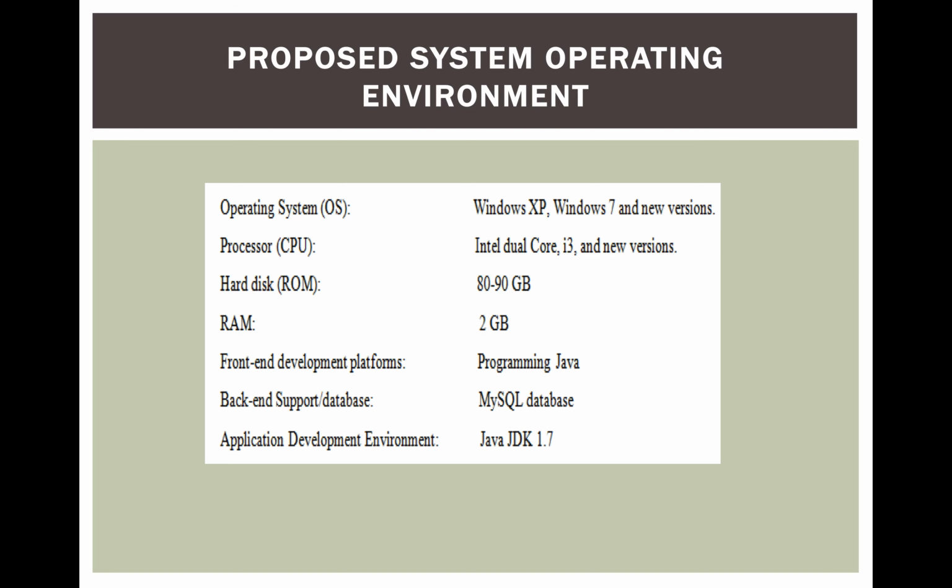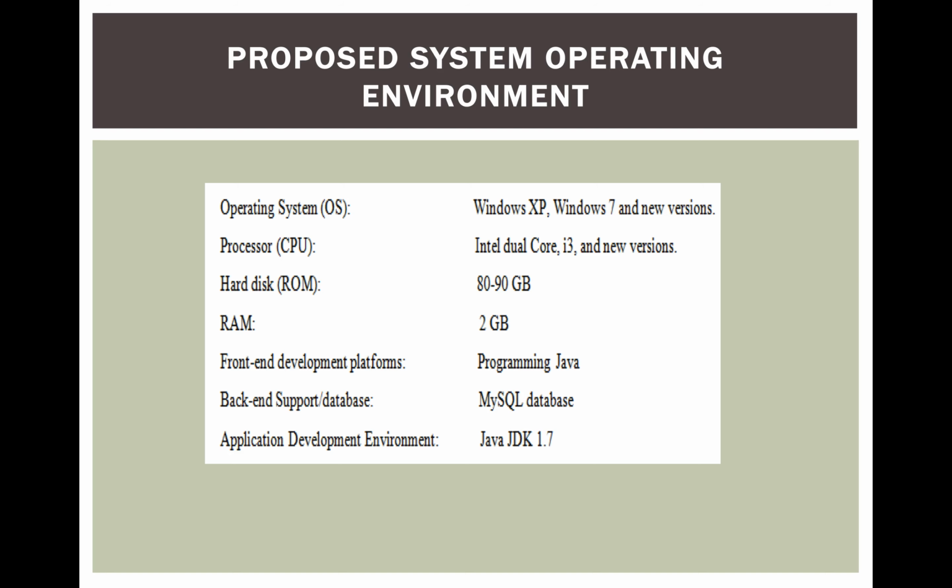So we need these minimum requirements to support our operated system. We need an operating system like Windows XP, Windows 7 or any of the newer versions. And we need a processor, like Intel dual core or i3 or any newer version.